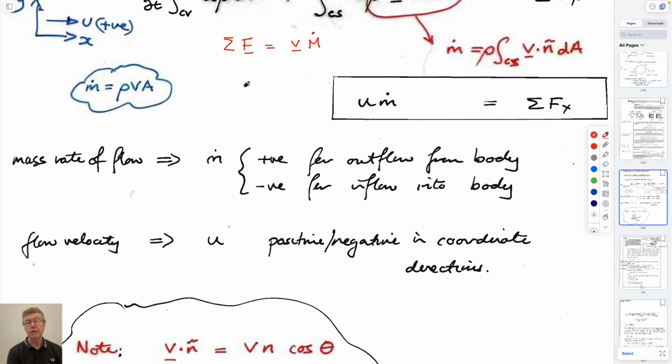And we just have to remember that these represent forces in the x, in the y, and in the z directions, and it's equal to velocities in the x, y, and z directions times mass flow rates. All we've done this time is take one equation.